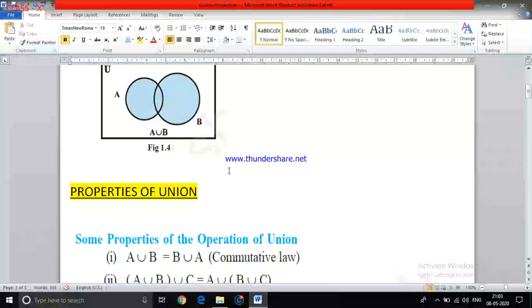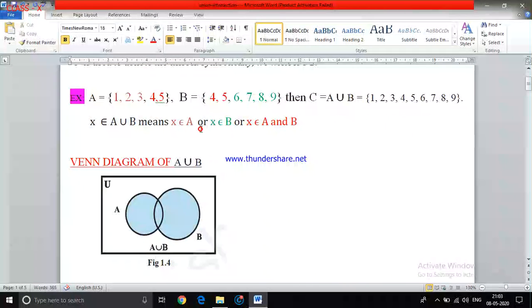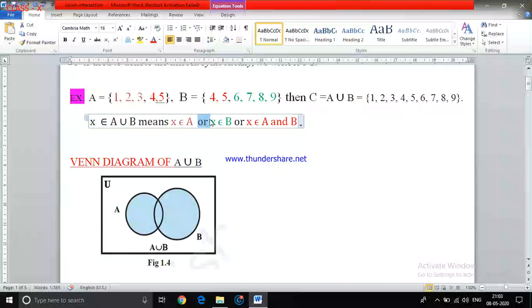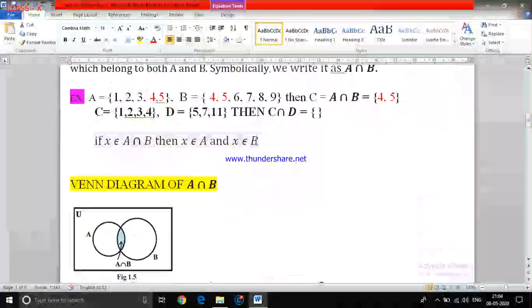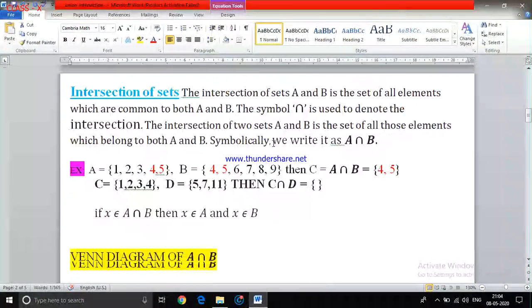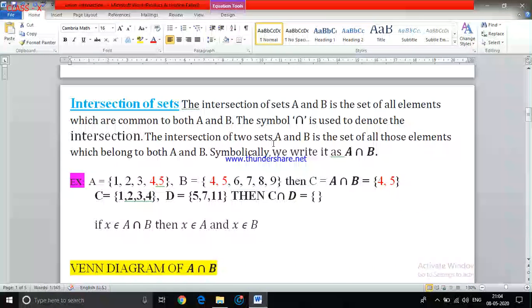If you go to the union conditions, here I have X belongs to A, or X belongs to B, or X belongs to A and B. Understood? So here the intersection means the common element between A and B.